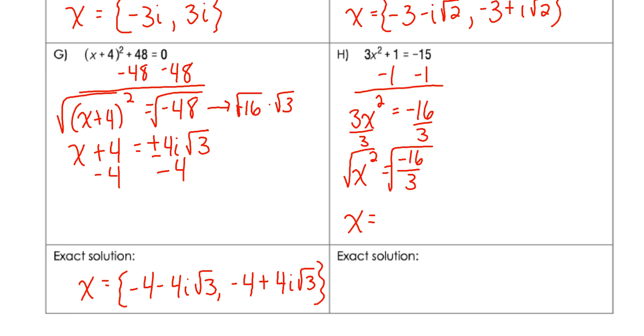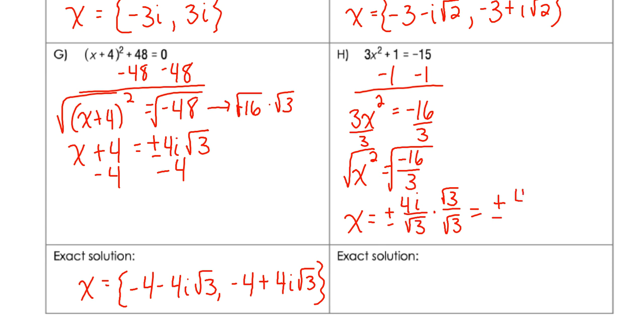So when we have a fraction, we're going to separate the numerator and denominator. So the square root of -16 is plus or minus 4i. And then we have the square root of 3 in the denominator. So again, we can't leave a square root in the denominator. So we need to rationalize by multiplying by it in the numerator and the denominator to get our answer.